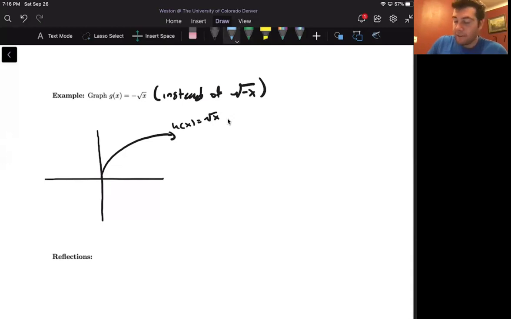Okay, so maybe you came up with that if we again look at 4 and say we get 2 out of it. So that would be (4, 2). And of course, this isn't drawn to scale, I'm sorry. Then for our function g of x, we get that g of 4 equals negative square root of 4, which is -2.